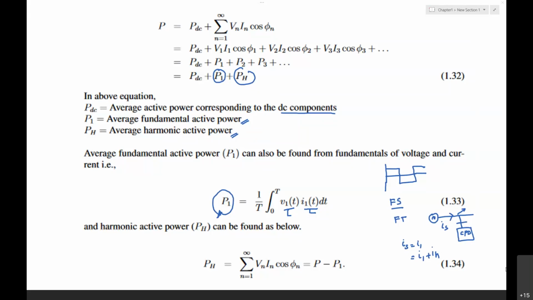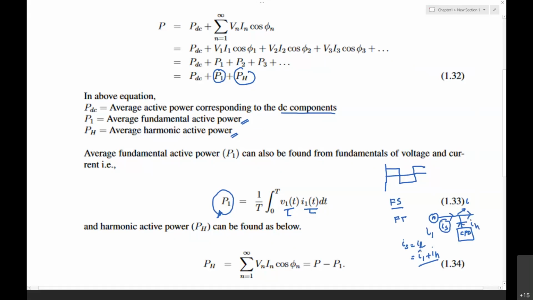The point here is, if this load is carrying all the currents, the fundamental current as well as the harmonic currents, in that case we expect IS to be only the fundamental current I1, and the rest of it to be injected by this custom power device as IH.